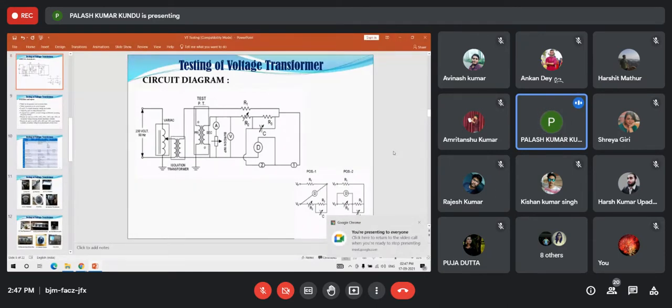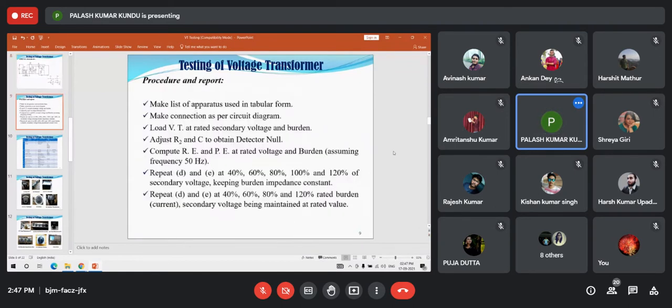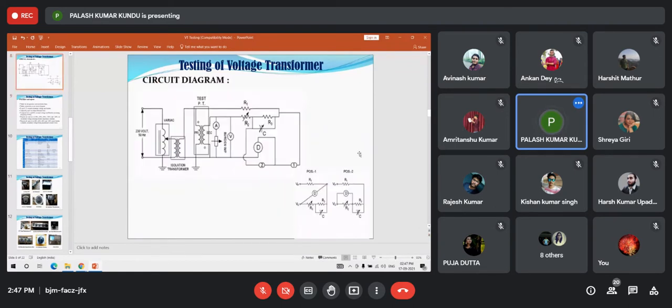we have to vary the voltage and keep setting the condition. What are the conditions described in the procedure?